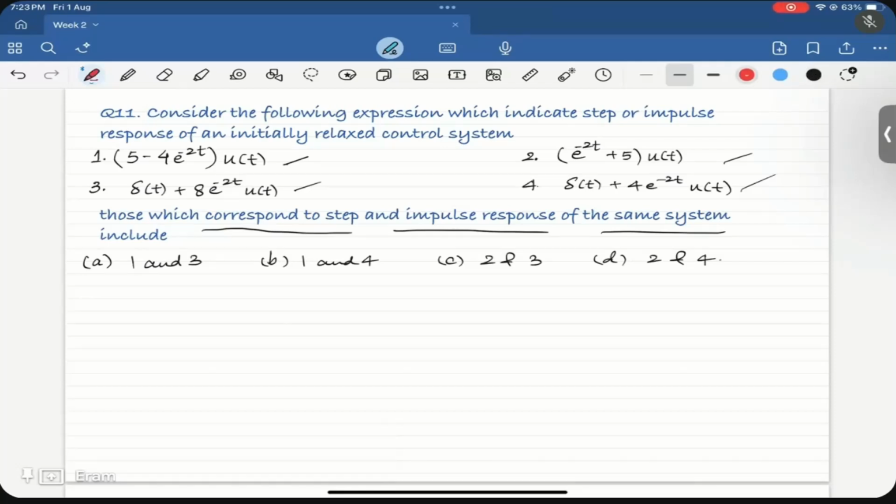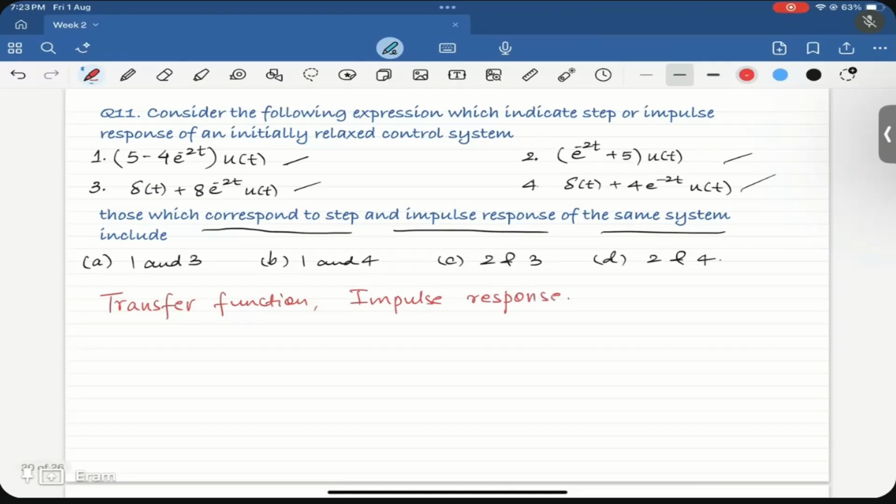Before attempting this question, what we know is that the transfer function is nothing but the impulse response of the system, right?